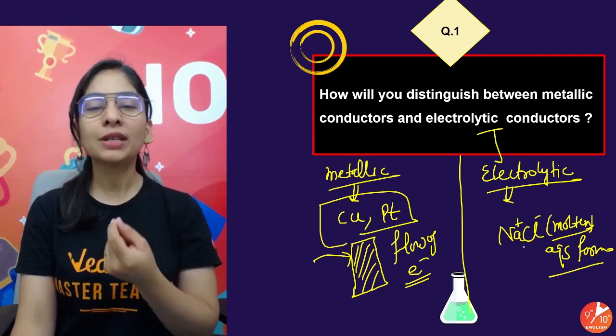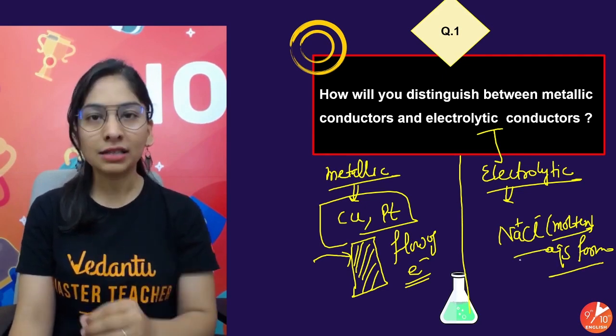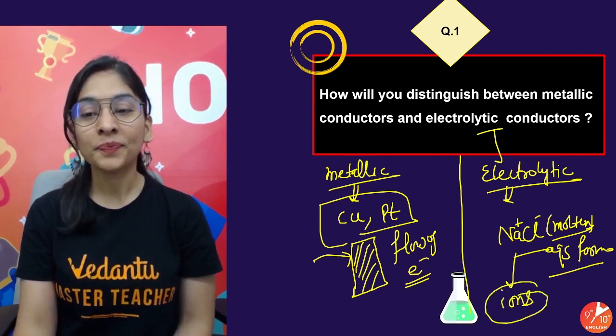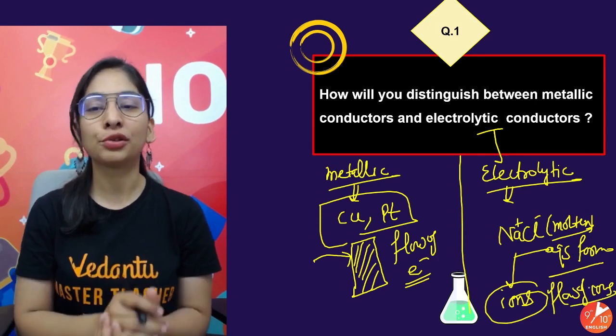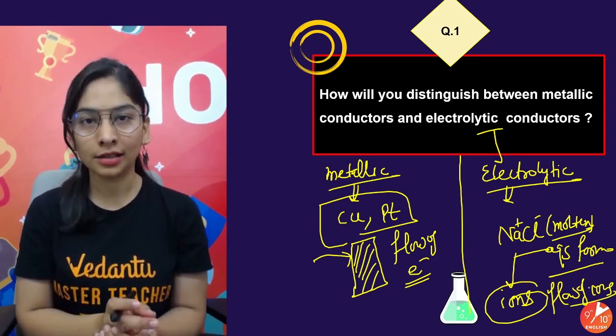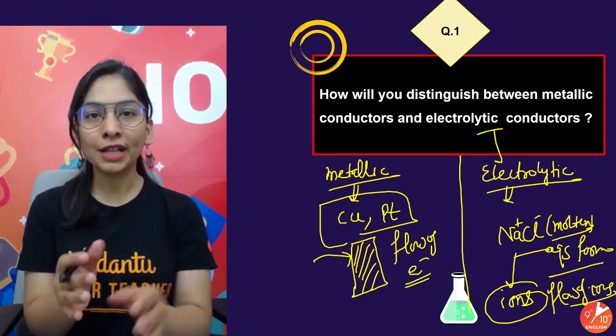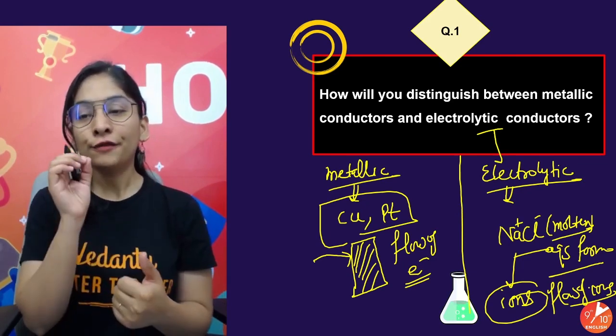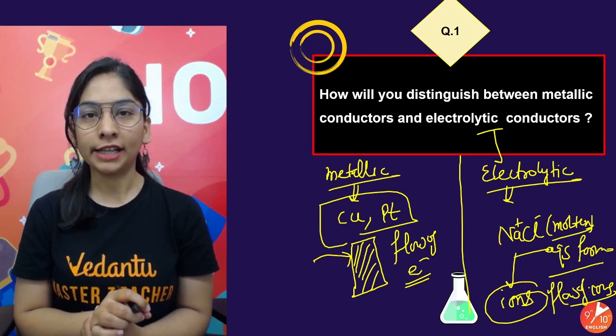The molten form or aqueous solution form of my electrolytes, certain salts, which dissociate into ions. And due to the flow of ions, electricity can be conducted through them. That's why they are conductors. So this is the main difference: flow of electrons in the metallic conductor, flow of ions in the electrolytic conductor.